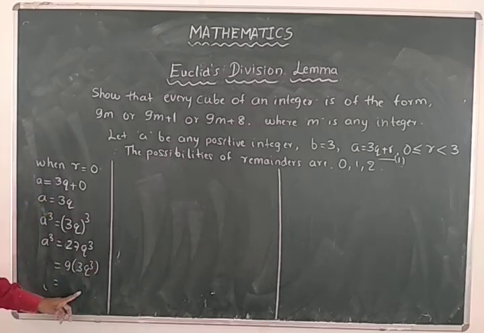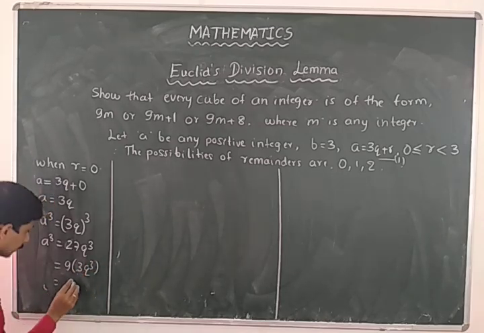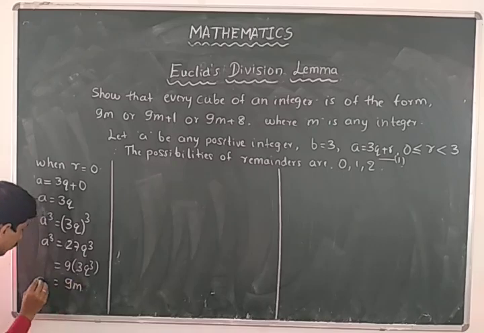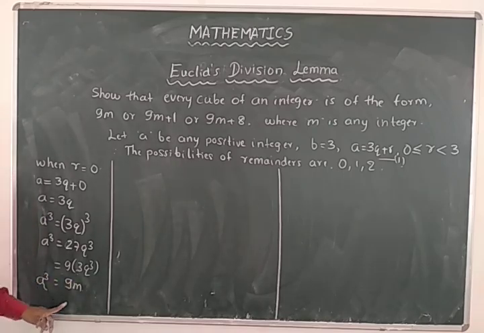Consider 3q cube as m, so a cube is equal to 9m. That means the cube of any integer is divisible by 9 here, so it is of the form 9m.